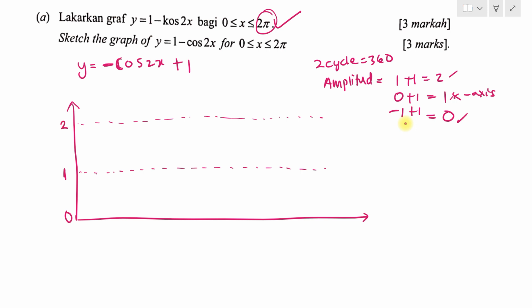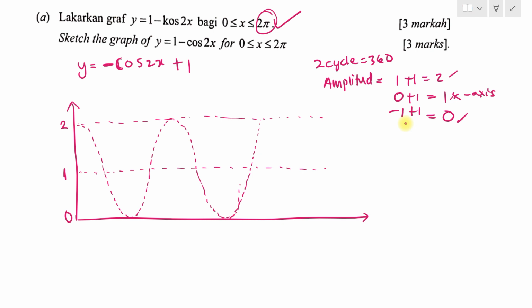How many cycles do you need to put? 2 cycles, and remember it must start with the negative. If you don't understand the question, draw as normal first. Normally you'll draw like this, right? The cos, 1 cycle, 2 cycles. This is normal drawing.